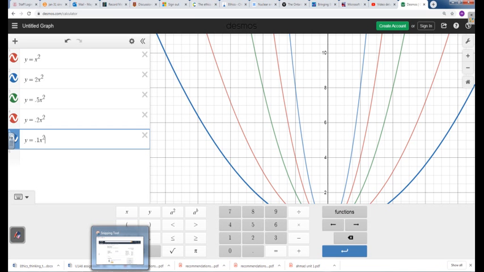So these are the terminologies that you have to use when you're describing wider and narrower. We don't use the words wider and narrower. You have to remember, in order for me to make this narrow, I have to vertically stretch it. In order for me to make this wider, I have to vertically compress it. Okay, we're gonna write that.